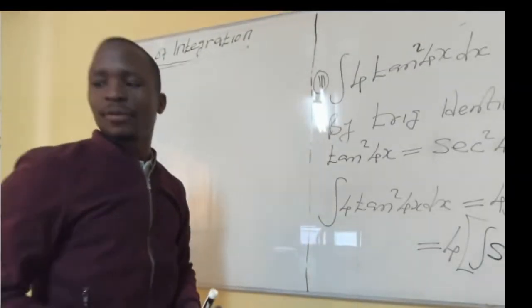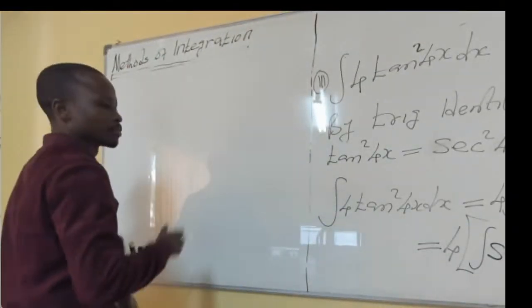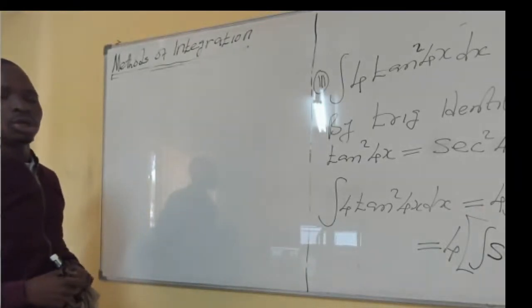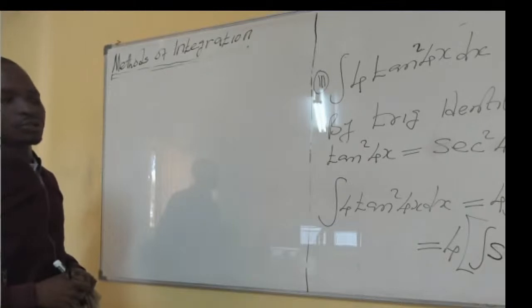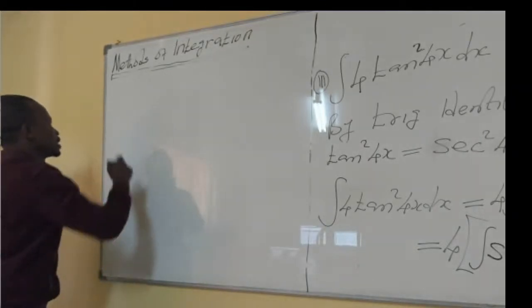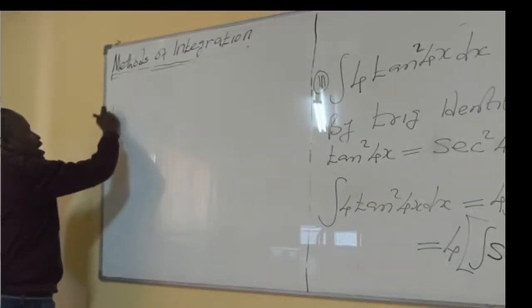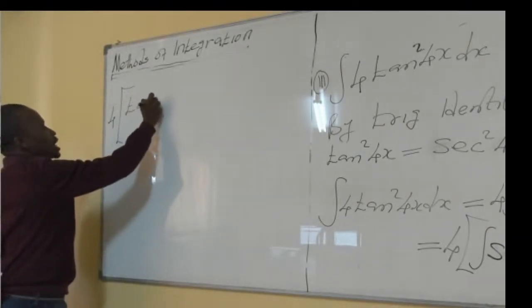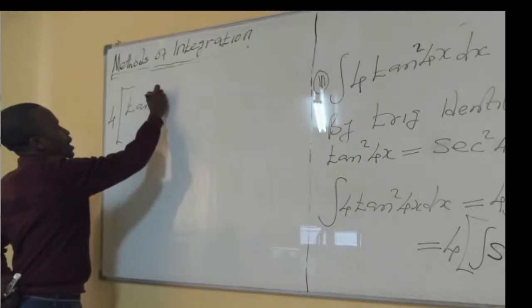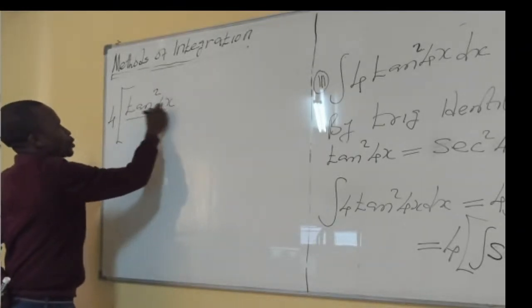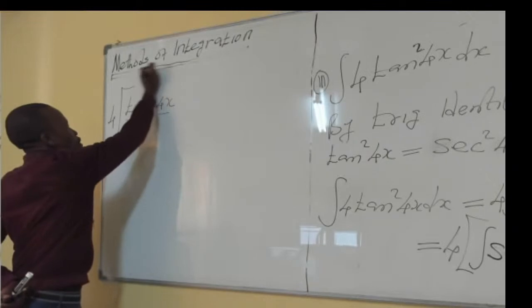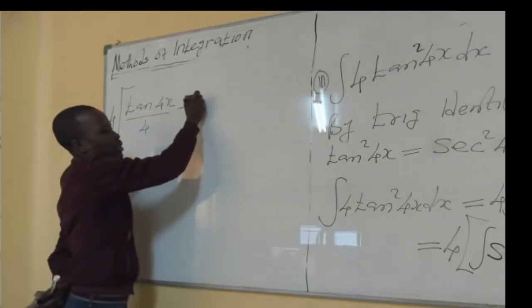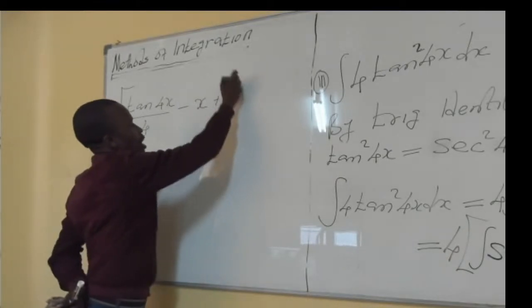Now if you look at the integral of sec squared of 4x, this is equal to tan of 4x over 4 minus x plus c1.